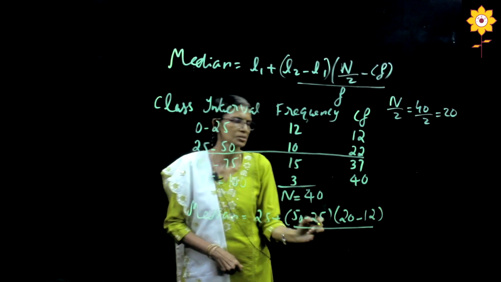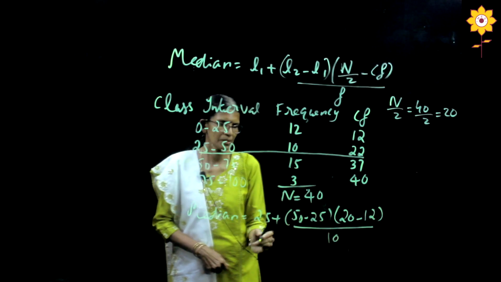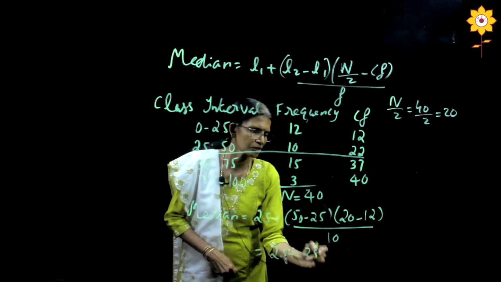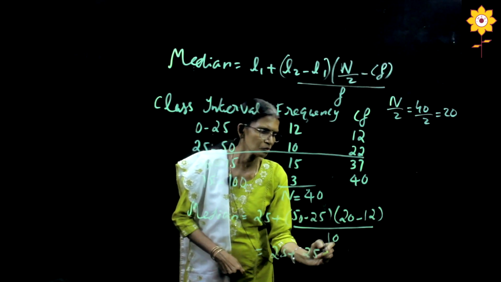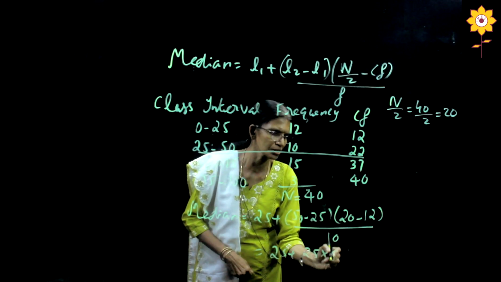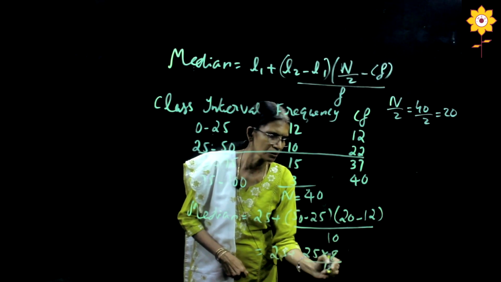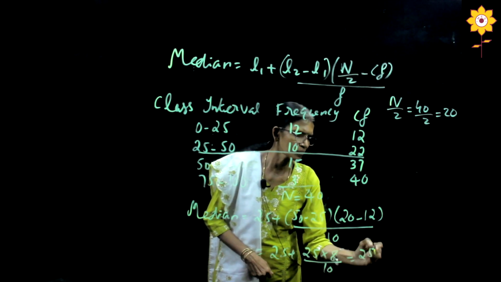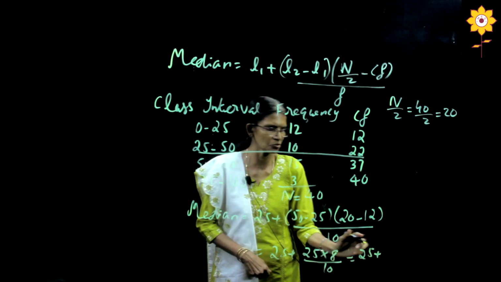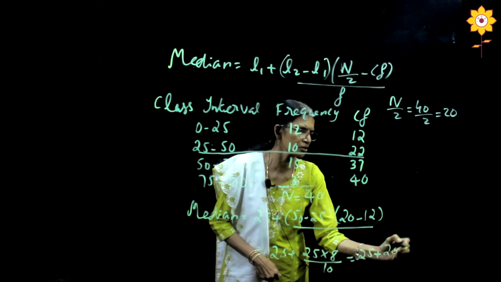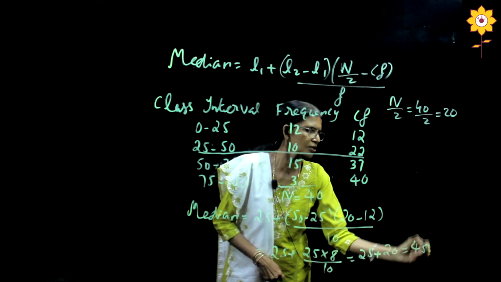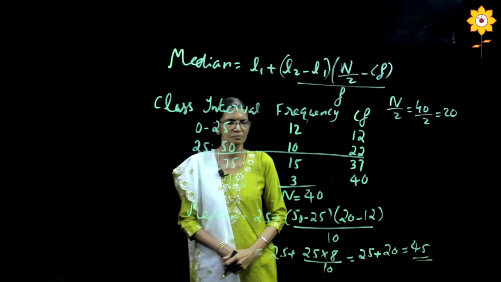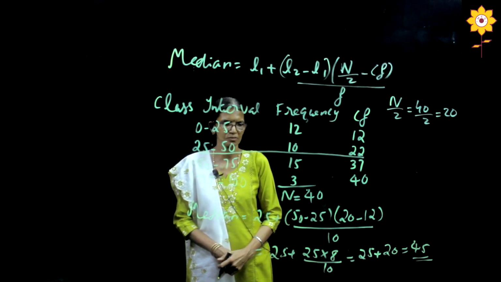Frequency of the median class is 10. Then 25 plus 25 into 20 minus 12, that is 8, divided by 10, that is equal to 25 plus 25 into 8, 200 by 10, that is 20, that is equal to 45 is the median of this grouped frequency distribution.